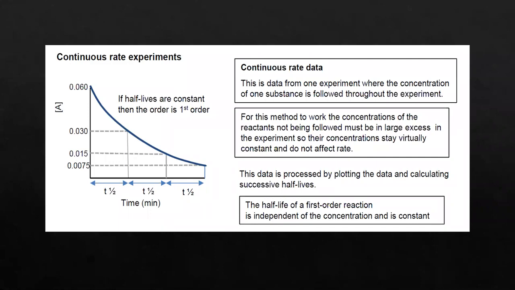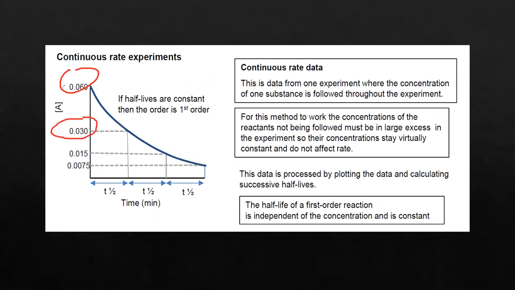Next, we can also use continuous rate data to identify the speed or the rate of a reaction. Example, you have a reactant. In the beginning, the concentration is say 0.06. Then it becomes 0, the concentration is continuously changing.